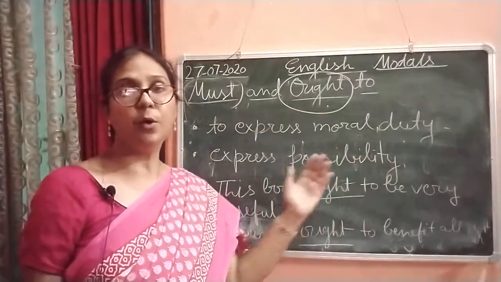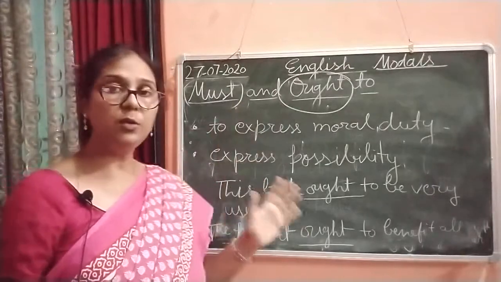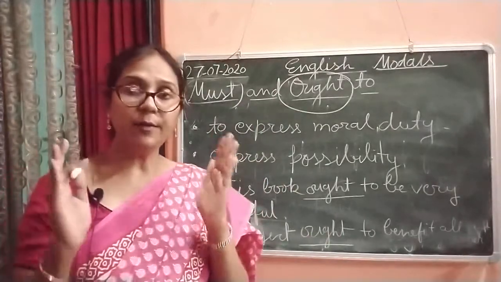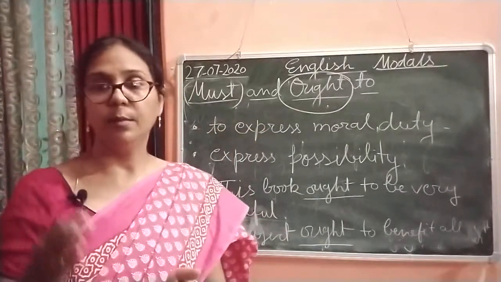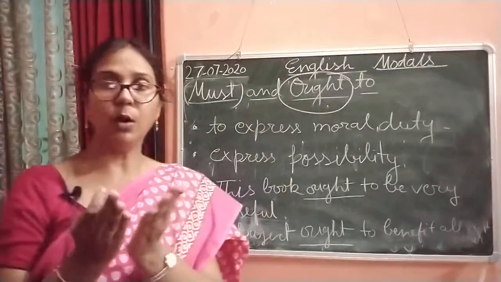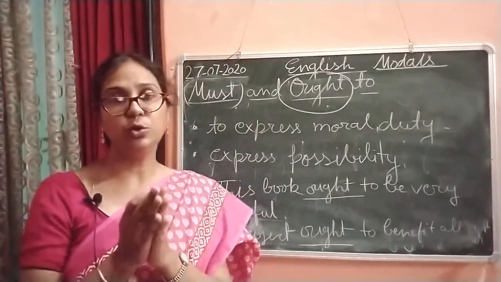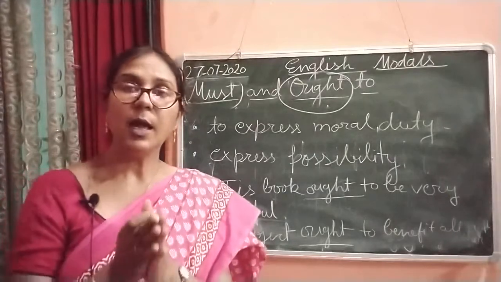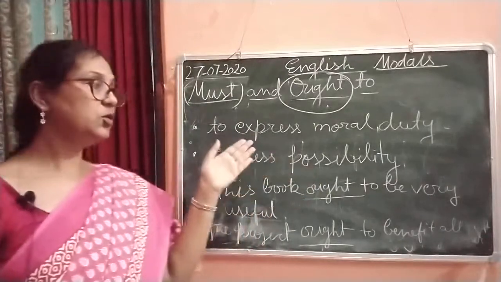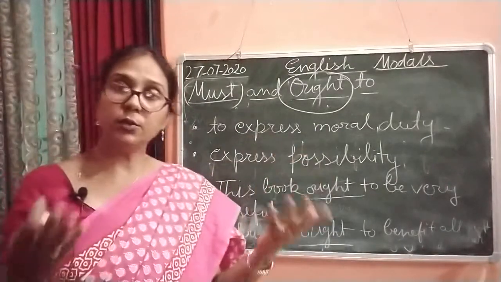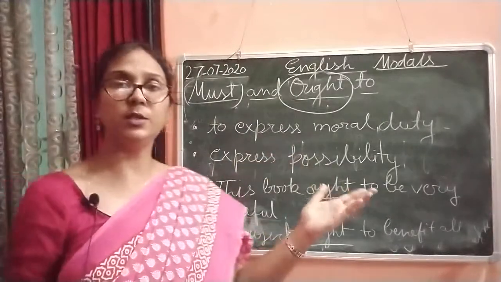These points are very useful for you because you have to know the difference between ought and must. Must and ought are similar modals, but their uses are different. Must is used to show strong obligation and necessity, and ought is used to express moral duty and possibility.